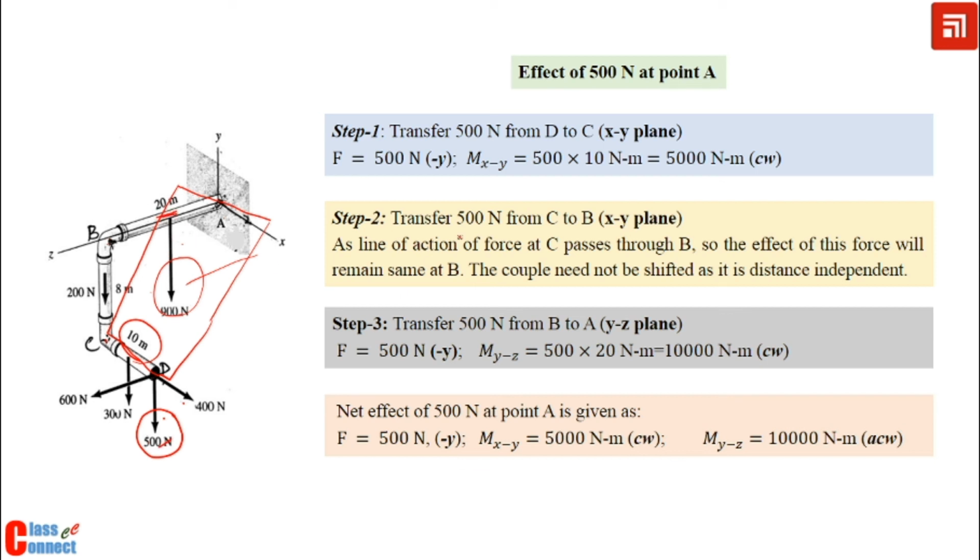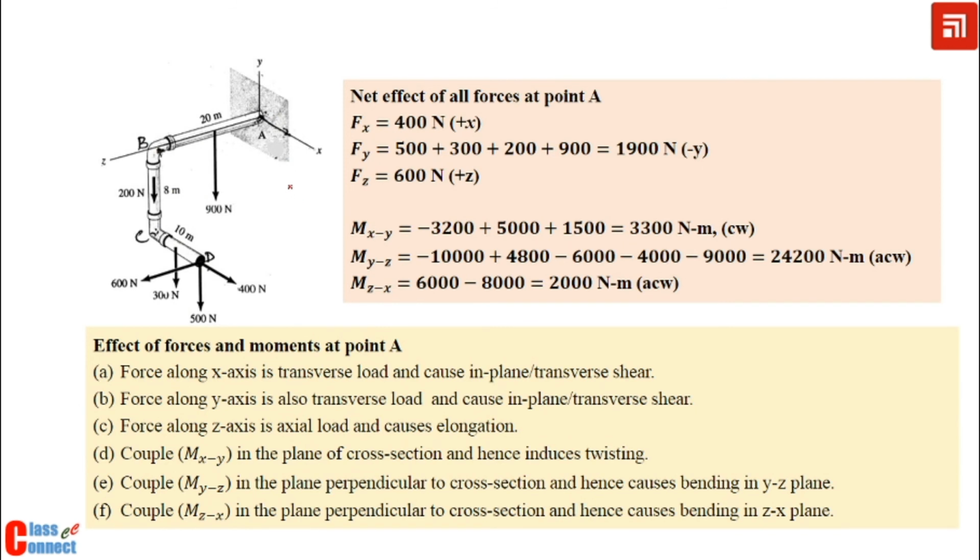So this is how we can find out the effect of the 500 Newton load, and you can try on your own to get the final answer. And we have the net effect of all the forces directly shown here. It is left to you to go through all the steps for each and every load to finally come at point A.